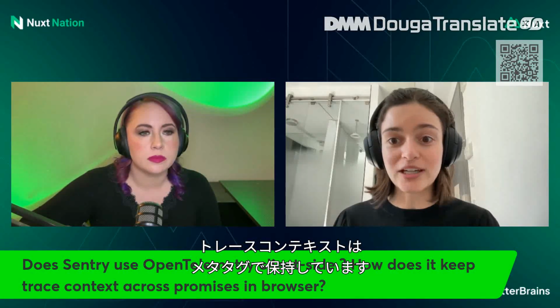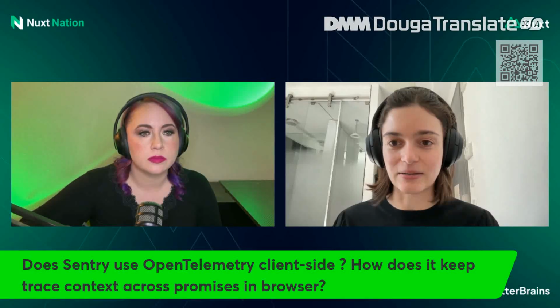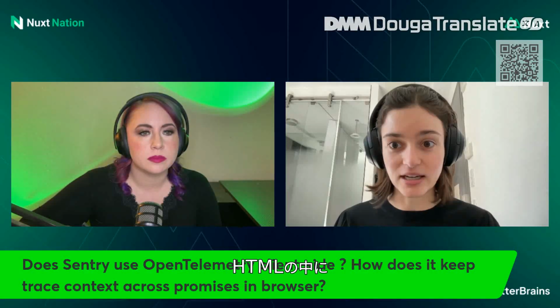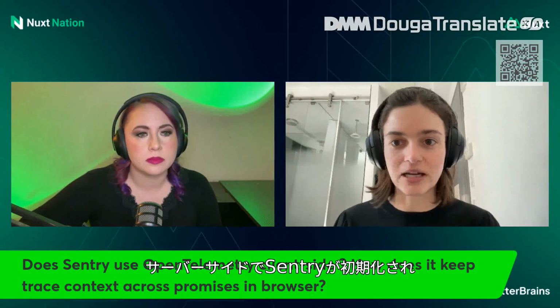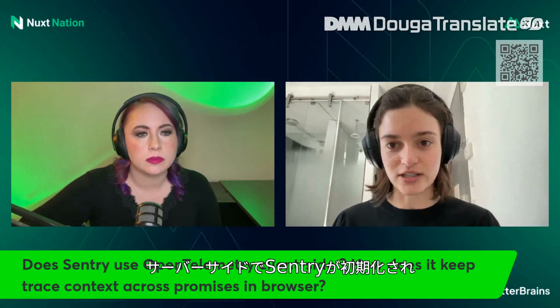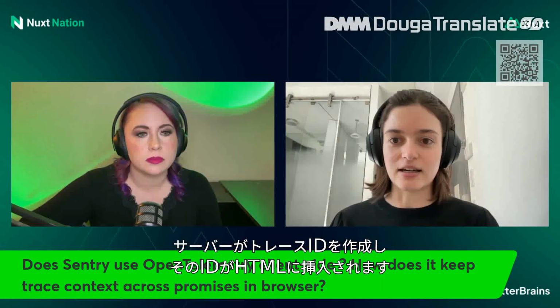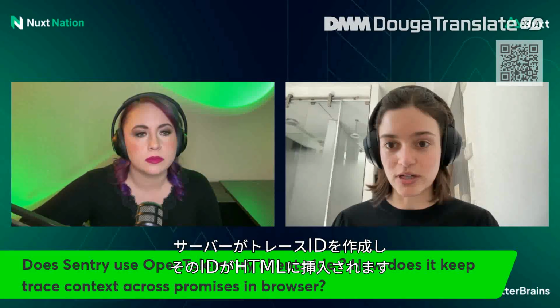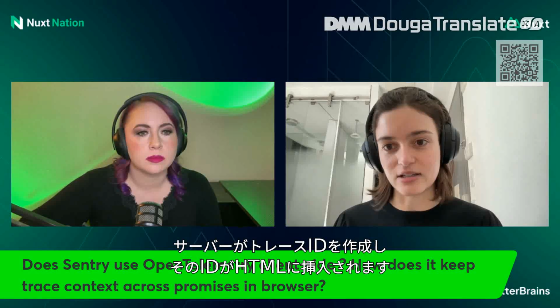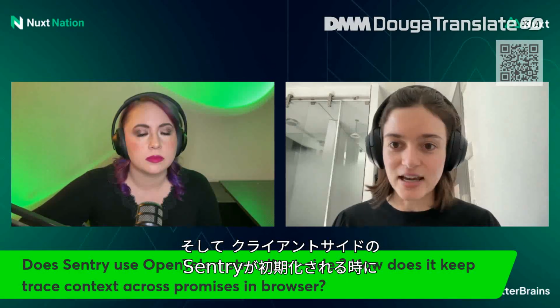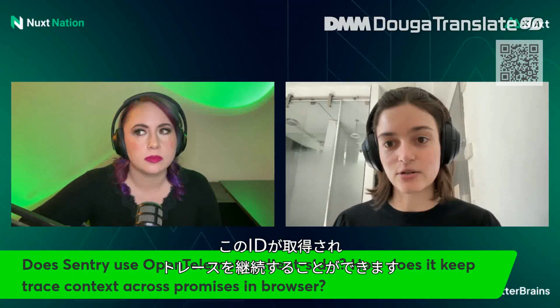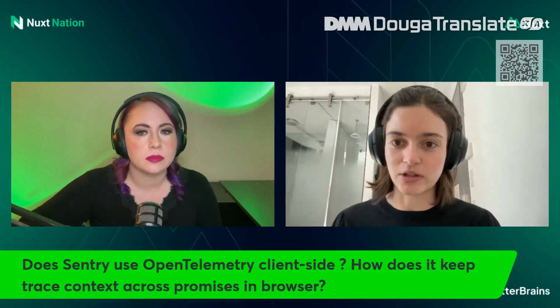We keep the trace context with a meta tag in HTML. When the server is creating the HTML and Sentry is initialized on the server side, the server creates a trace ID, and this ID is injected into the HTML. Then when the client-side Sentry init is called, this is picked up there, and the trace can be continued.